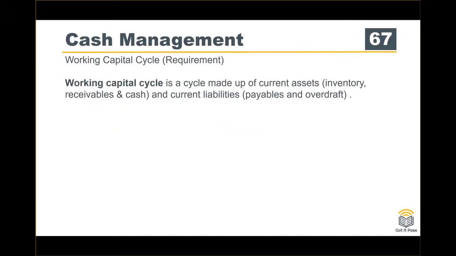So what is working capital cycle or what is working capital requirements? The working capital cycle is a cycle made up of current assets and current liabilities. For example, you make purchases for the goods.